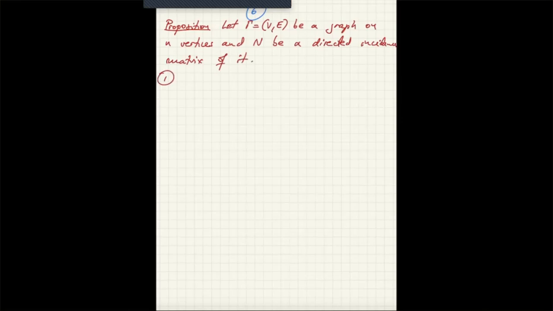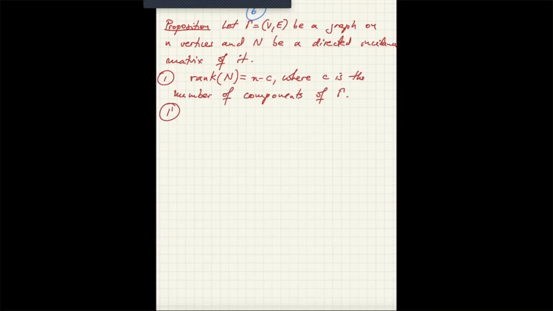Now, here are the things that we want to prove. First, the rank of N is always the same, regardless of what incidence matrix we pick. It will equal n minus c, where c is the number of components of gamma.